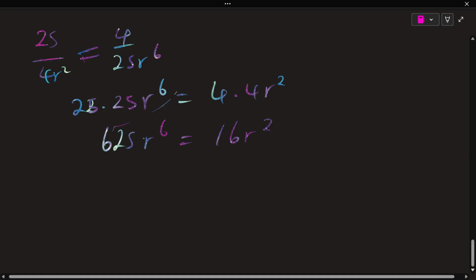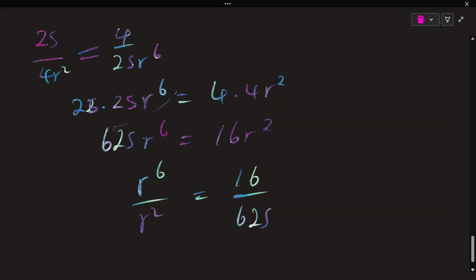This is 625 r to the exponent 6, and this is 16 r to the exponent 2. Alright, r is the only unknown variable. Now we need to do this: r to the exponent 6 divided by r to the exponent 2 equals 16 divided by 625.